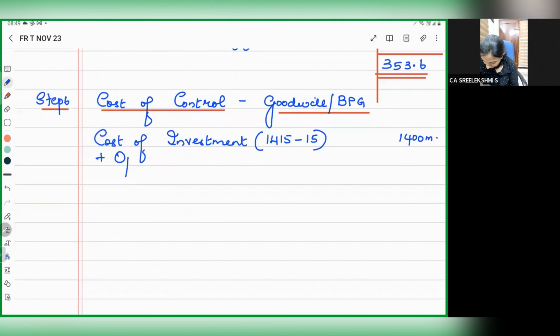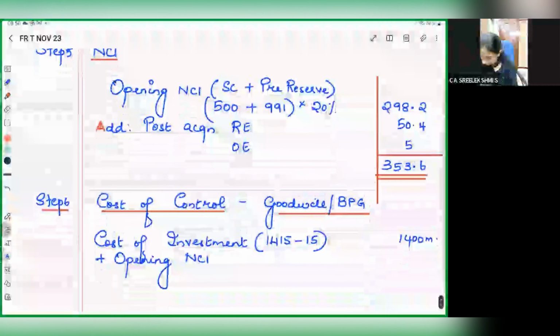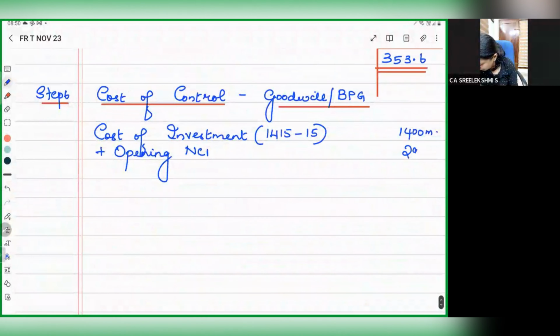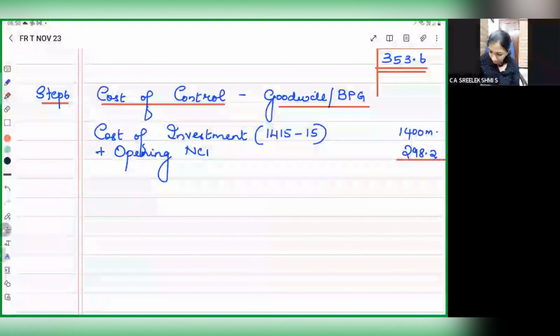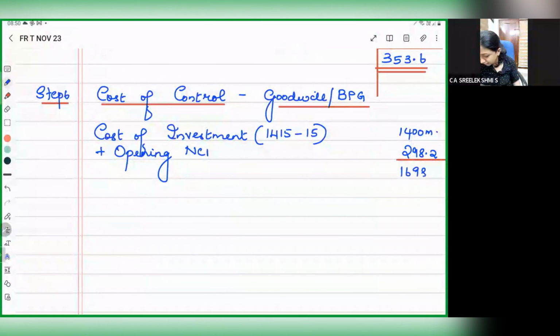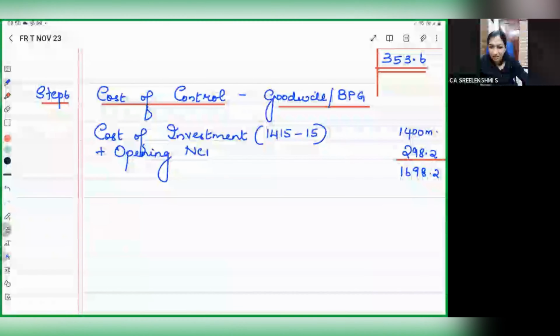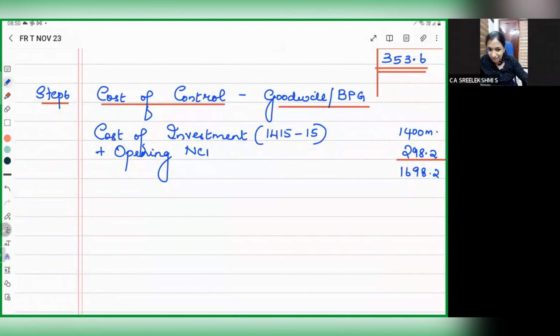Add opening NCI, 298.2. 1,400 plus 298.2 is 1,698.2, the purchase consideration plus NCI.